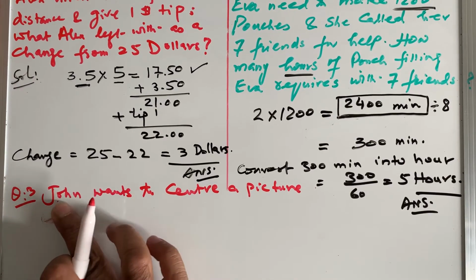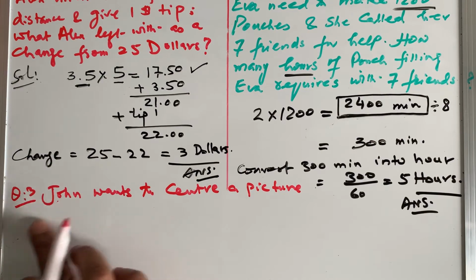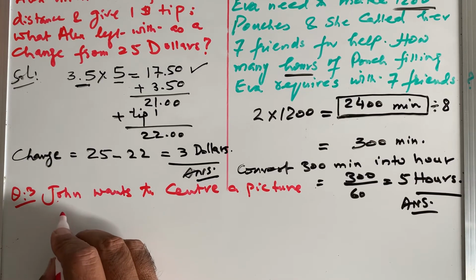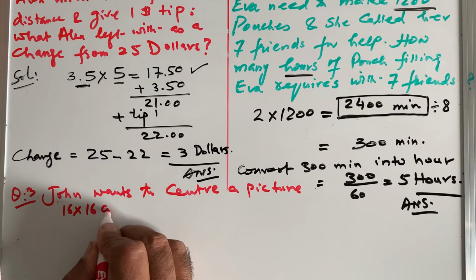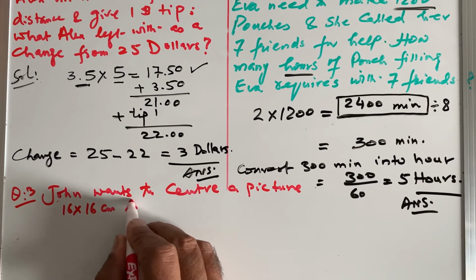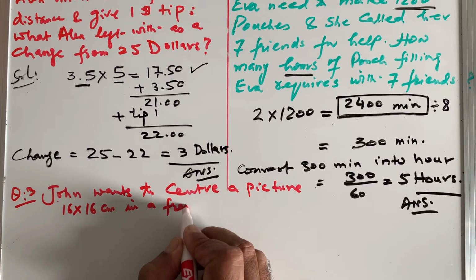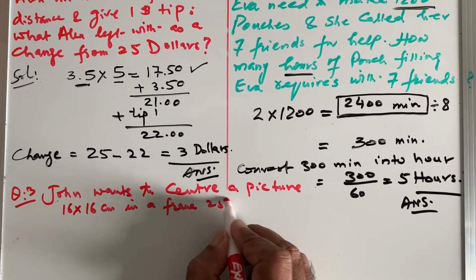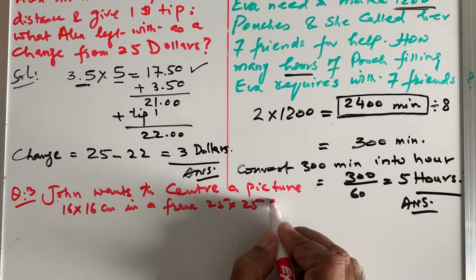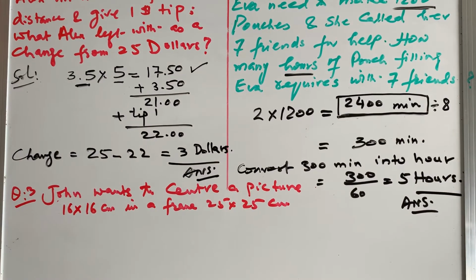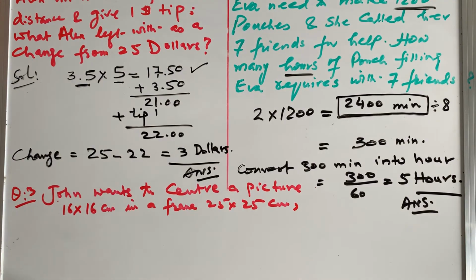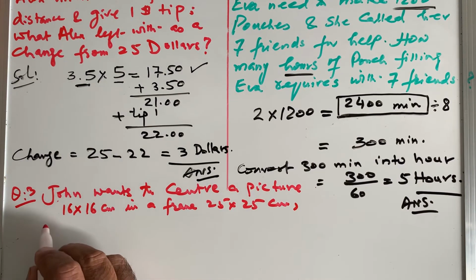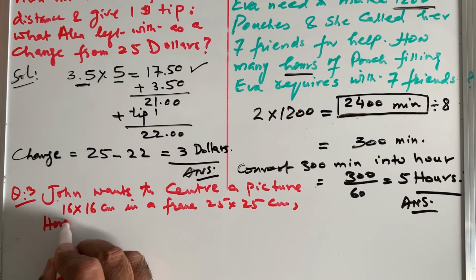The picture is 16 by 16 cm, in a frame of 25 by 25. So he wants to center it. We have to tell how much left and right spacing he has to leave to make it centered.